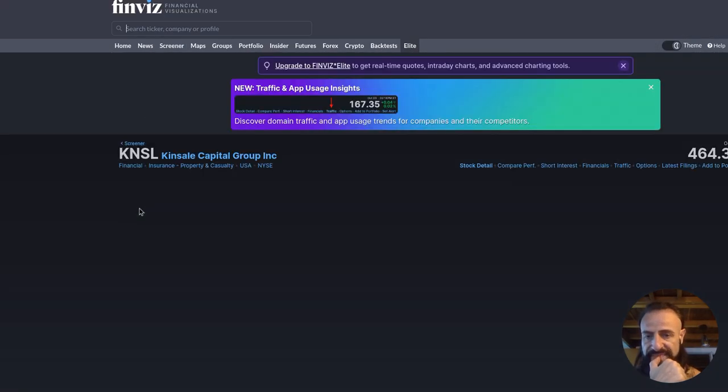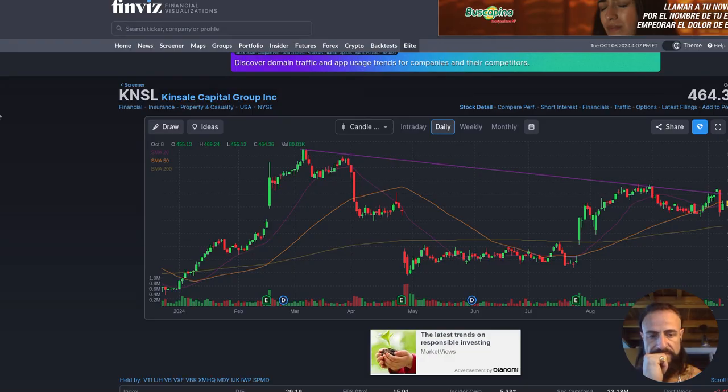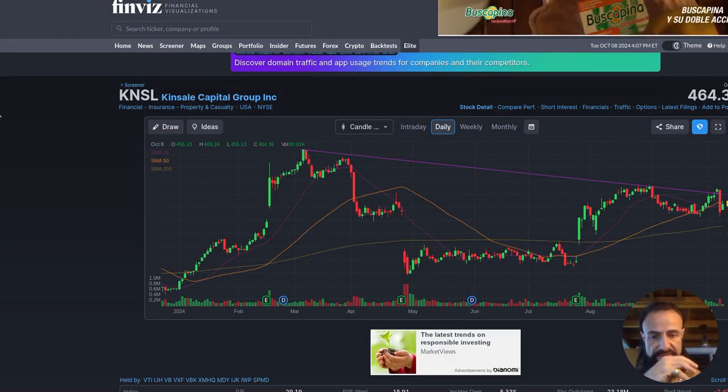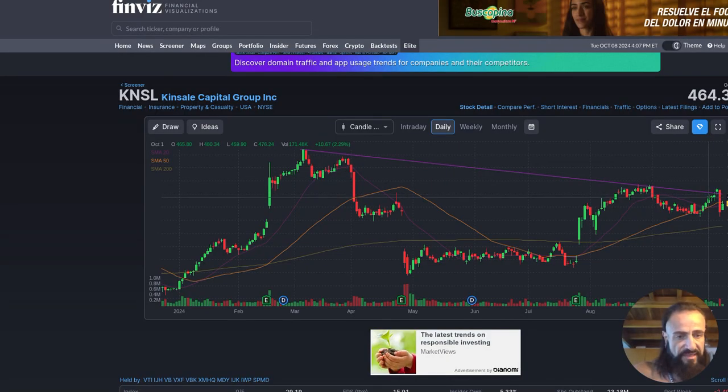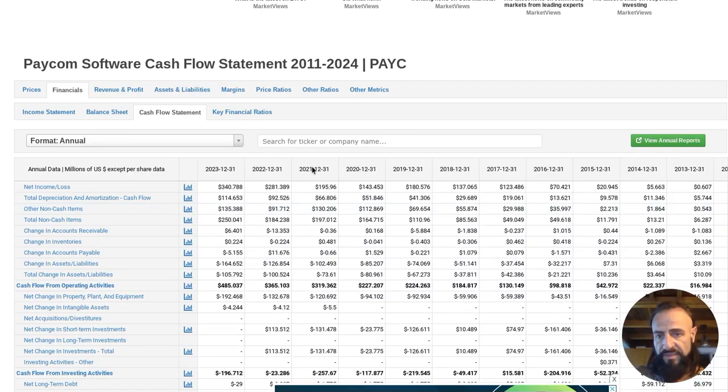Kinsale Capital. Looks like it's hit a little bit of a ceiling here, a little bit of a resistance. But if you buy for the long term, it's worth it to look at the fundamentals.